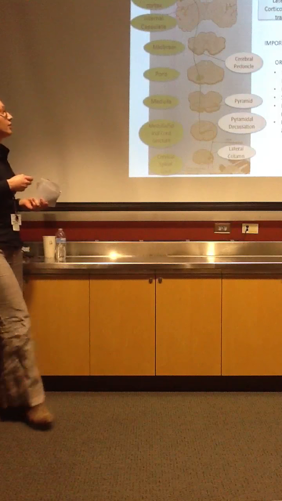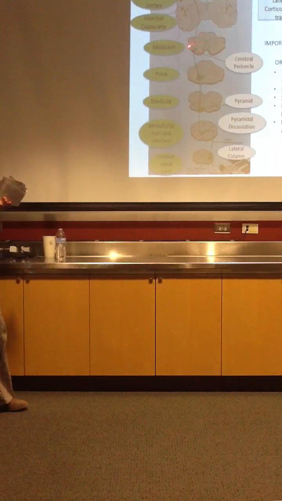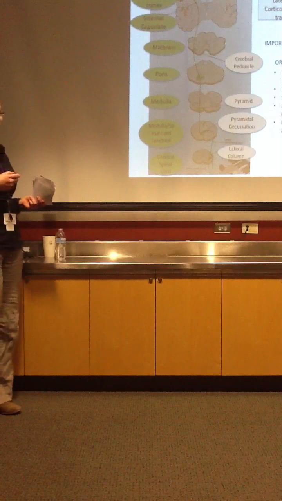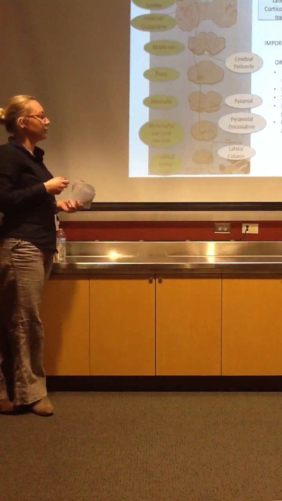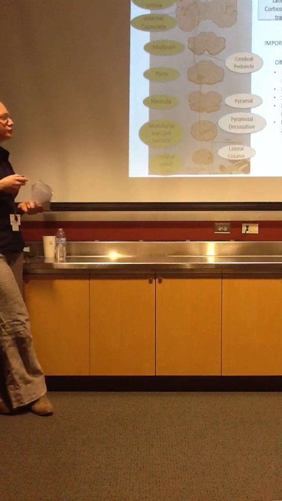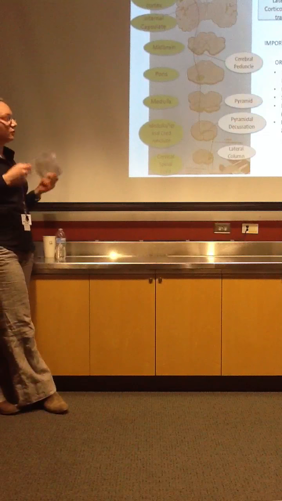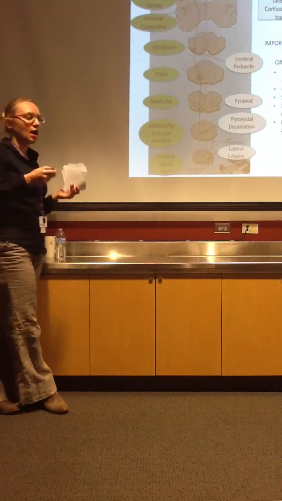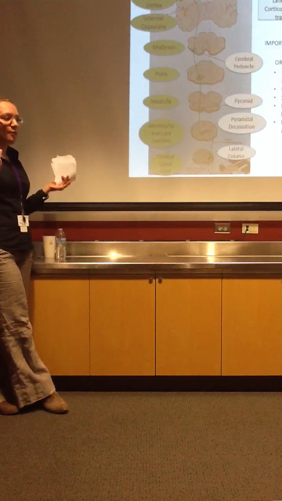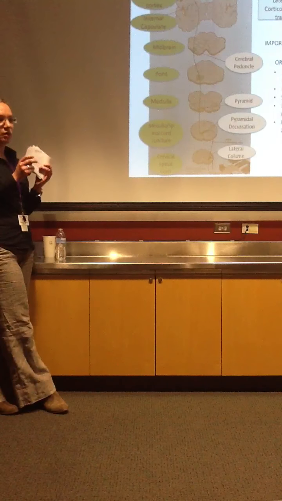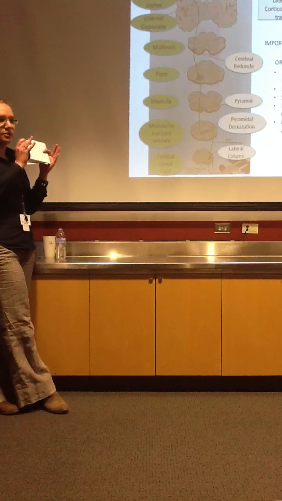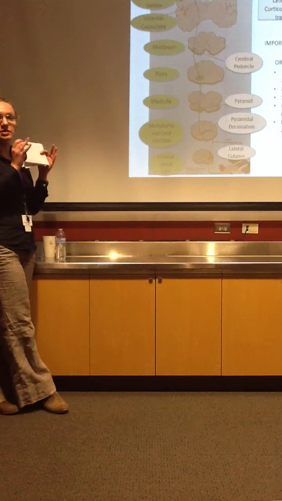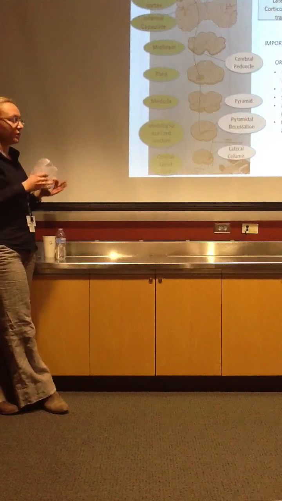At the level of midbrain, the corticospinal tract forms most of the cerebral peduncles, and at the level of cerebral peduncles, the map is rotated so that now the upper part of the body is located medially, and the lower part of the body is located laterally.